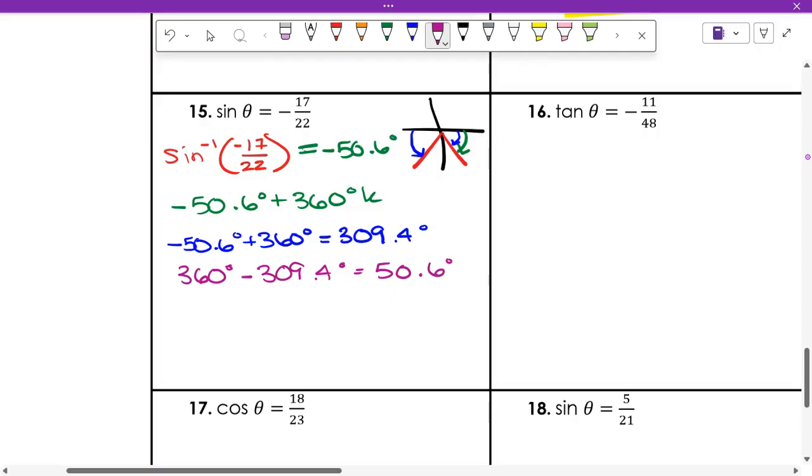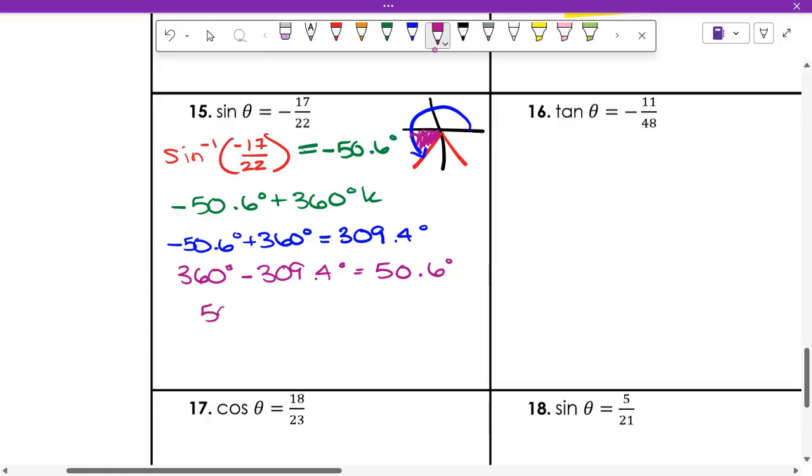So really now, in order to find the full angle measure, and let me clarify because I got a couple different colors over here, what I need to find is the angle measure of this whole entire thing. So what we found is the 50.6 is the acute angle from the x-axis to the red side right there. So I just need to add 180 to it.